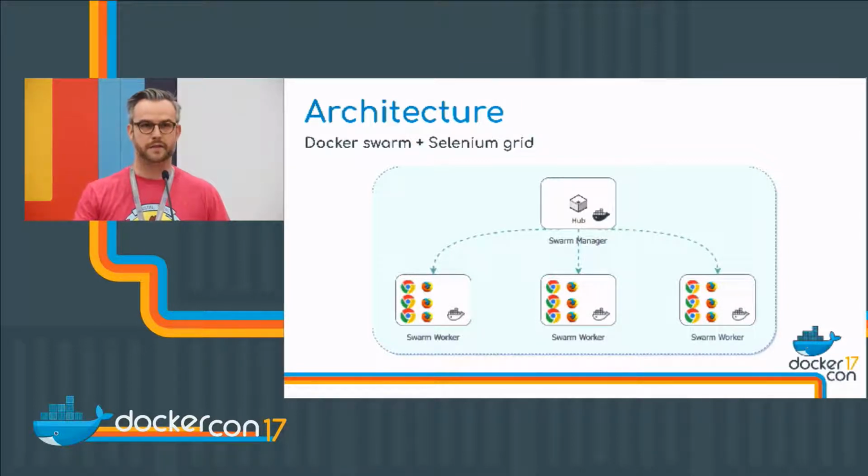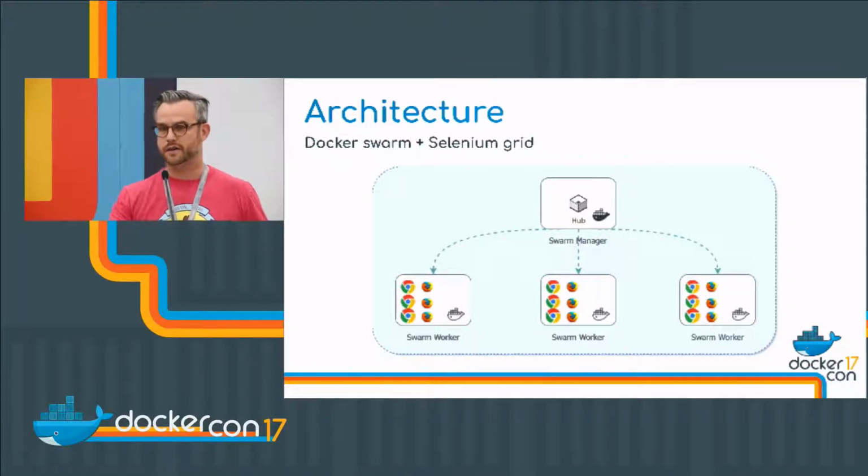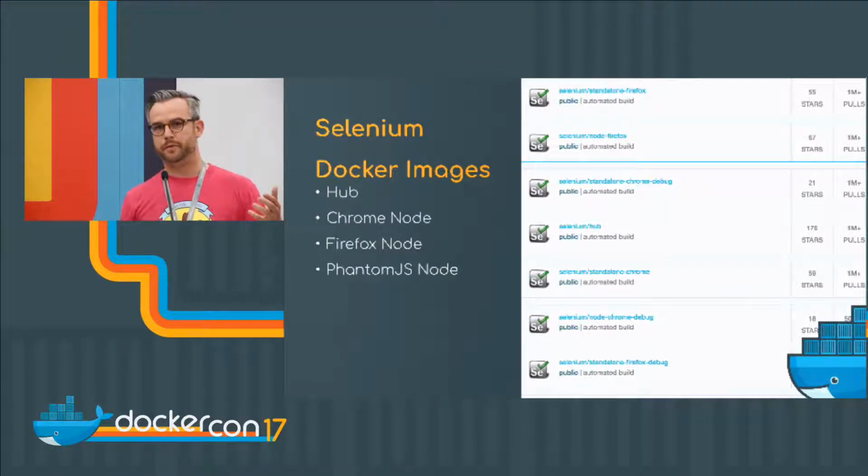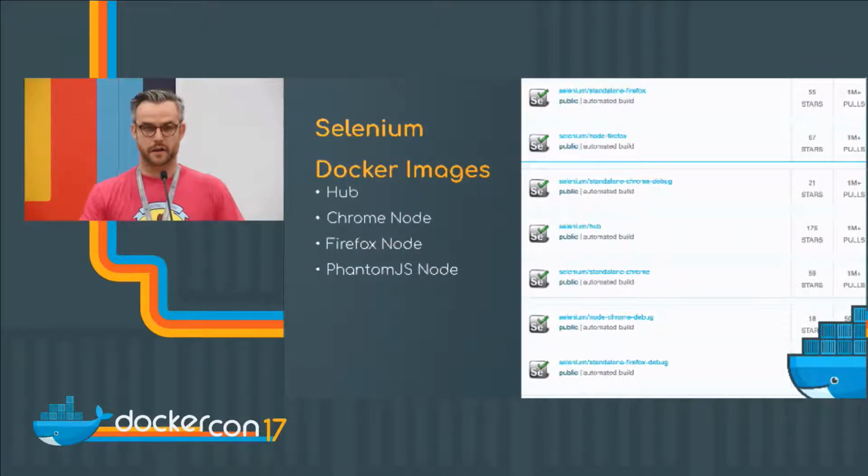To get the hub and the nodes to communicate across Docker servers, we enabled swarm mode. The added benefit of running in swarm mode is that we can scale the different browser versions up and down as we like. Side note, we use Terraform to build all our cloud infrastructure and Ansible to orchestrate it all.